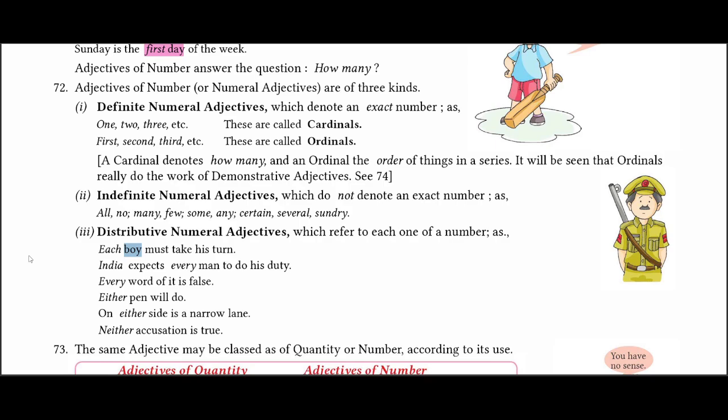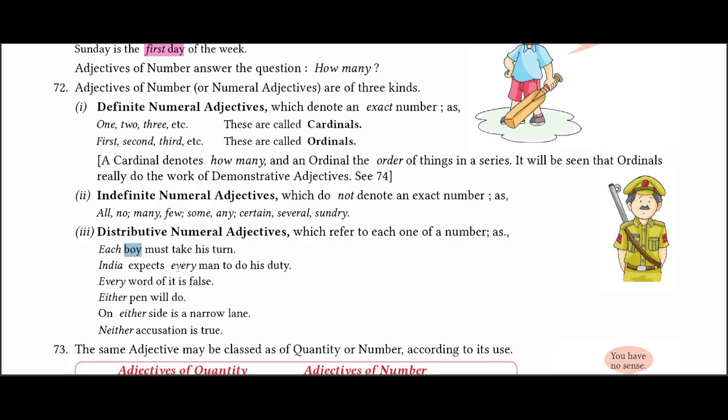And each is being distributed to every boy in a group. When each is used with a boy, a sense of individuality comes out. So each is being distributed for every boy in the group.